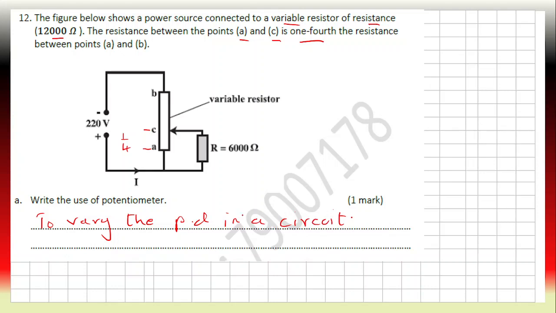The potentiometer can always give us a given potential difference in a circuit, what we want as the output.